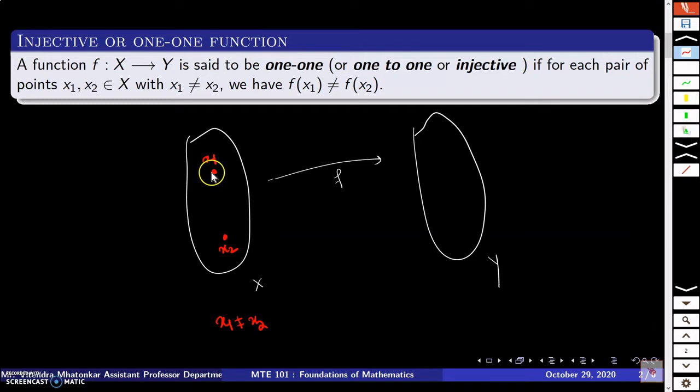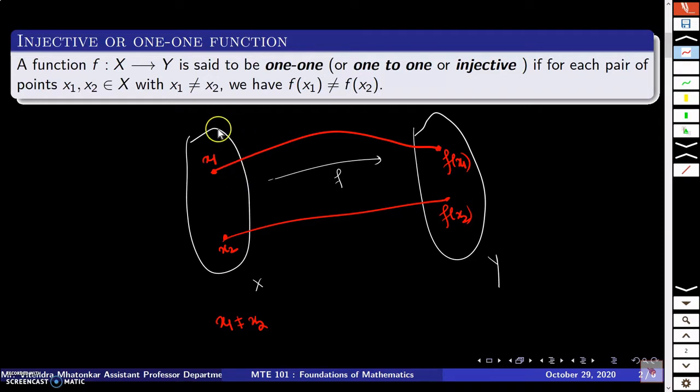Then their images here will be different. They should have different images. So different points in the domain should have different images in the codomain. If this happens for each and every pair of points in the set x, then we say that the function is 1-1.